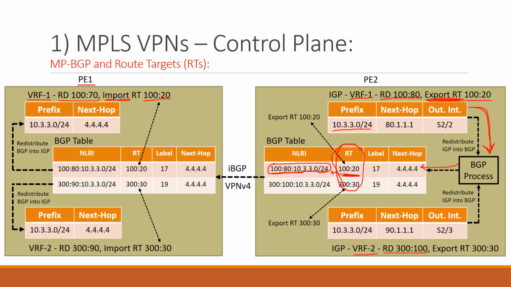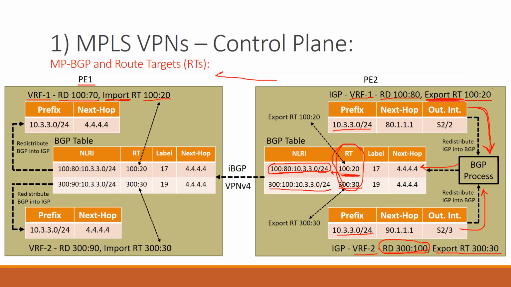And similarly for site 2 or Enterprise 2 site B, the redistribution from the IGP into BGP will take the prefix, add the route distinguisher to it, add it to the BGP table, and attach the export route target to the BGP table.